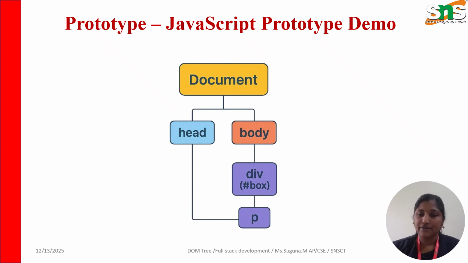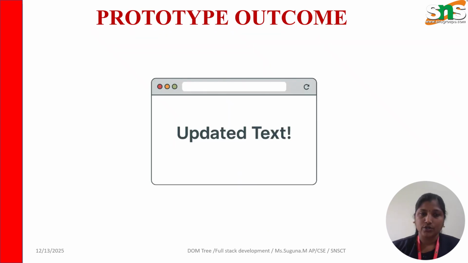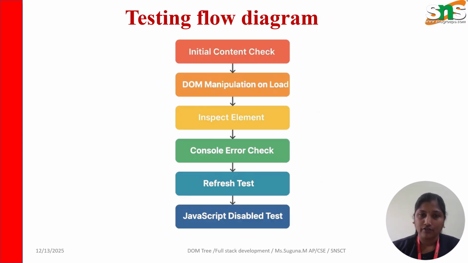This interaction happens through the DOM tree structure only. This is the prototype outcome: the UI updates instantly, so there is a better user experience and fewer errors in the web page, and it is very easy to debug. A clear understanding of the DOM makes UI development simple and more powerful.